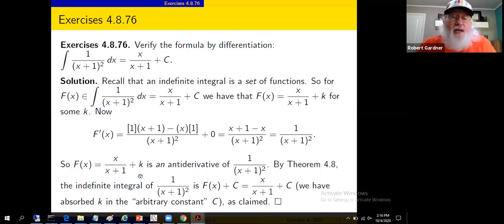So this capital F of x is an antiderivative of 1 over x plus 1 quantity squared, because when differentiating it, we get this value here. So by theorem 4.8, the indefinite integral is of the form some specific antiderivative plus a constant.